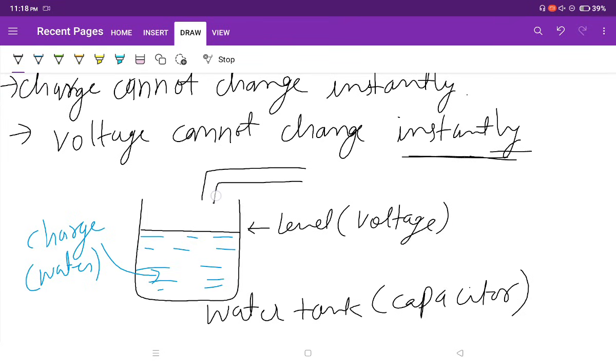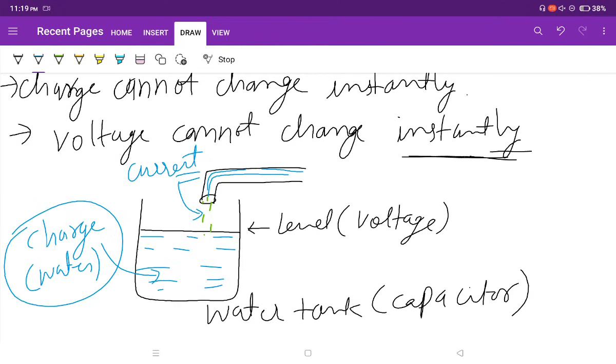Suppose I am filling this tank, and this flow is the current. To increase the level immediately, I should pour an infinite, or a very large, amount of water through the pipe at a high flow rate. A high flow rate implies a faster rise, that is, an infinite rise rate. Infinite flow is impossible here, correct?